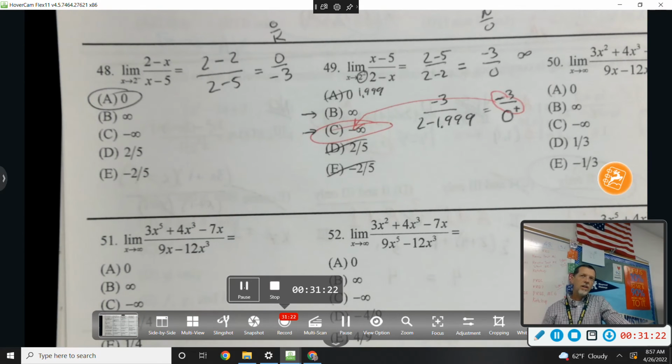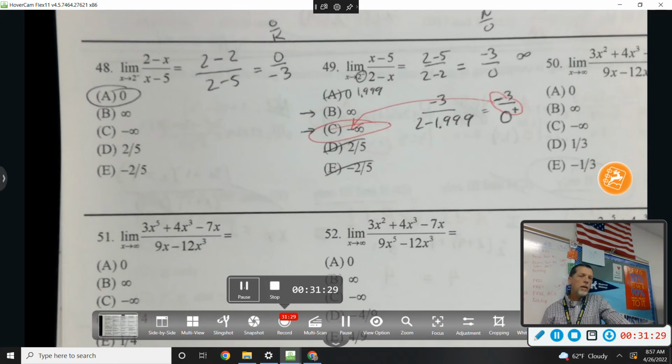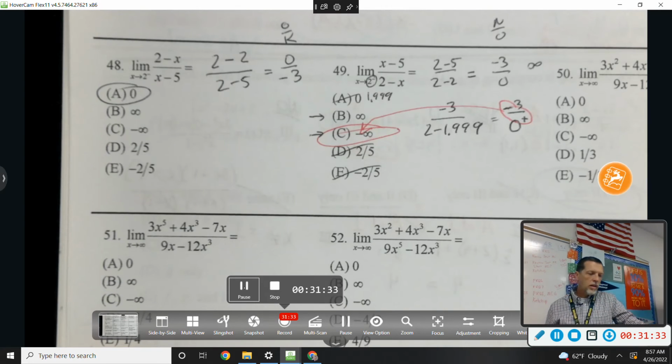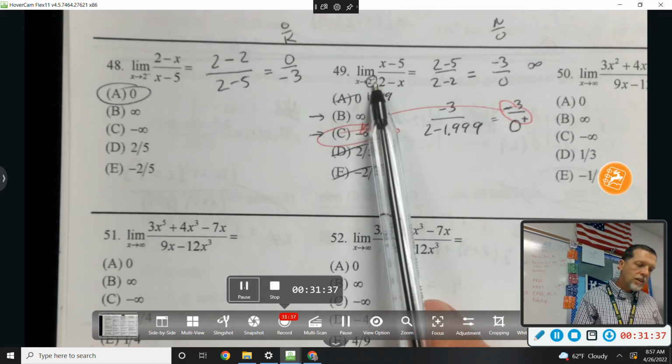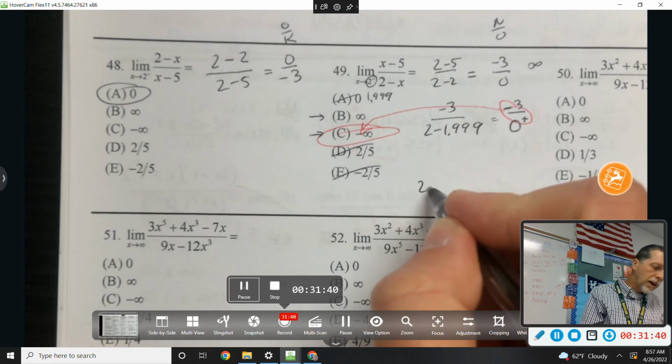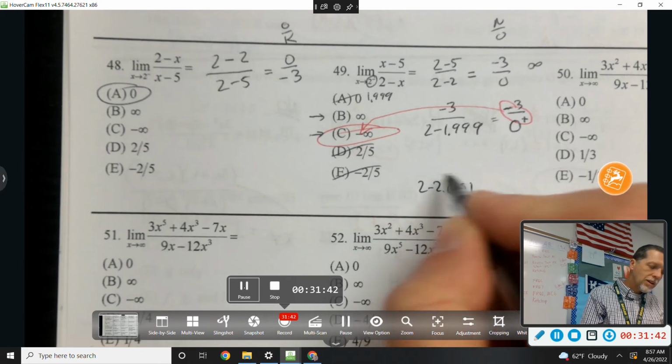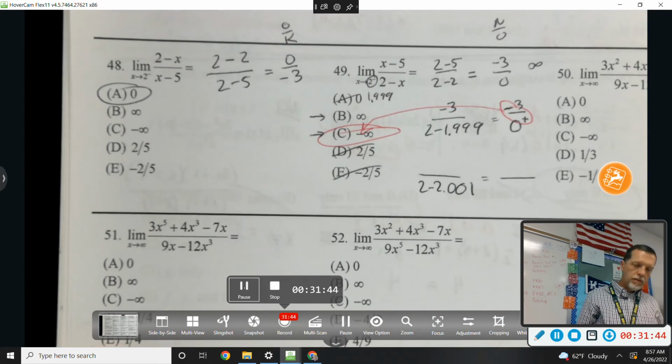So does it really mean the sign of the top? Because a positive 0 is not really. So if this had been 2 from the right, then this would have been 2 minus 2.001, which would be 0 but a little less than 0.